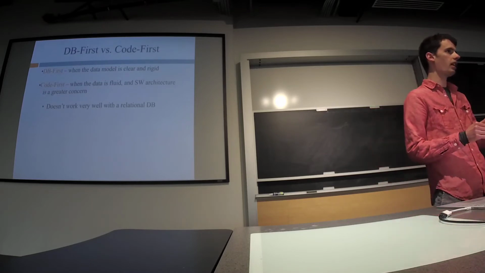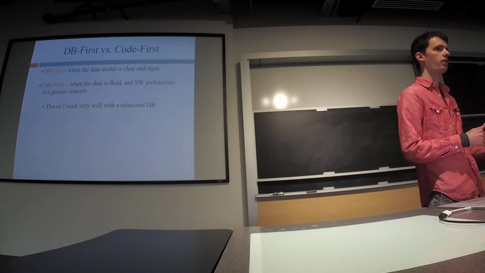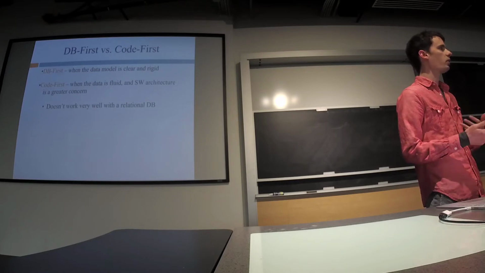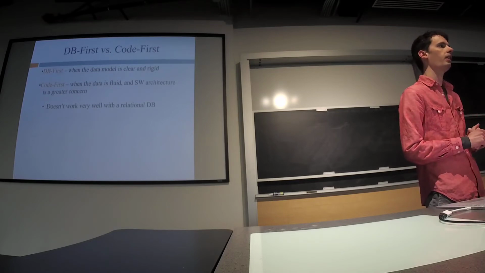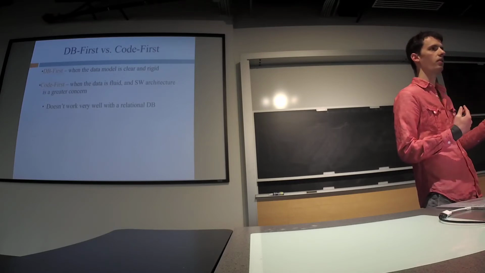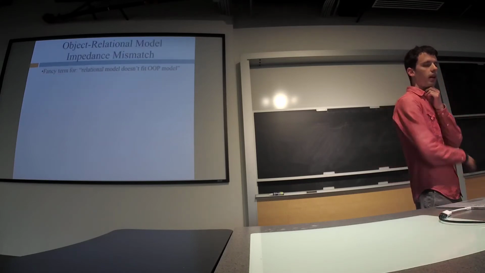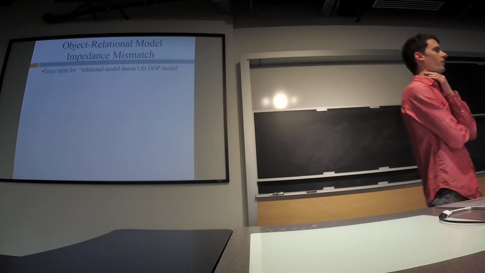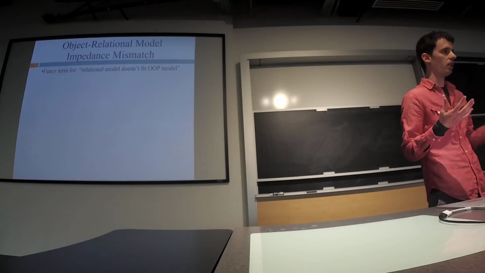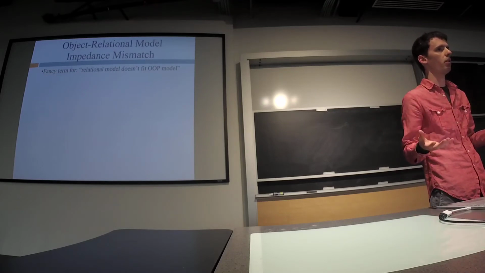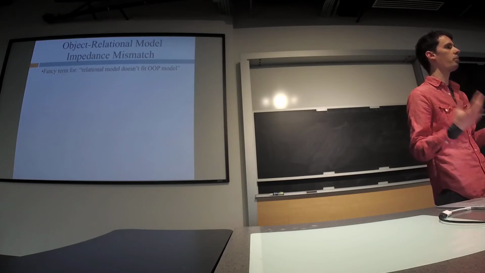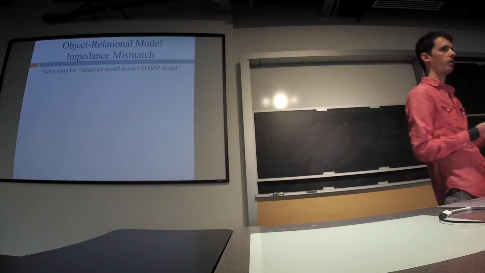So we design the database first rather than design the code first. It works great for us because we know exactly what data we want to hold, and we're not Facebook, we're not going to add a bunch of new features to our LMS. But what this comes down to is relational model versus object model. And when I say object, I mean an object in a programming language.